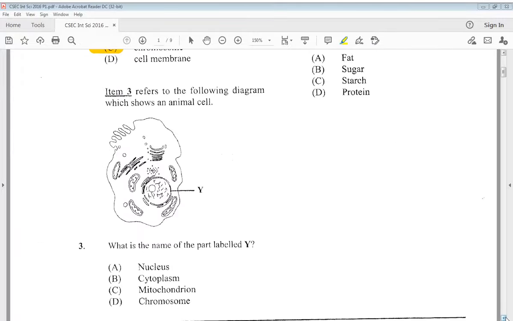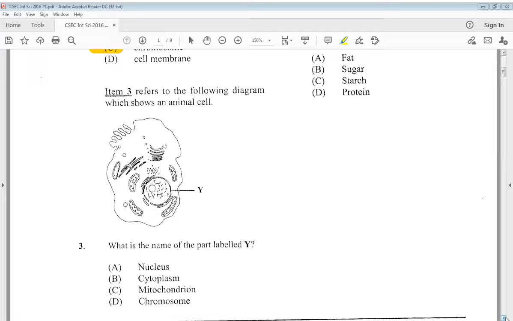Let's go to question number 3. Item 3 refers to the following diagram, which shows an animal cell. According to question 3, what is the name of the part labeled Y? So we're going to identify that. Our answer options are A, nucleus, B, cytoplasm, C, mitochondrion, or D, chromosome.